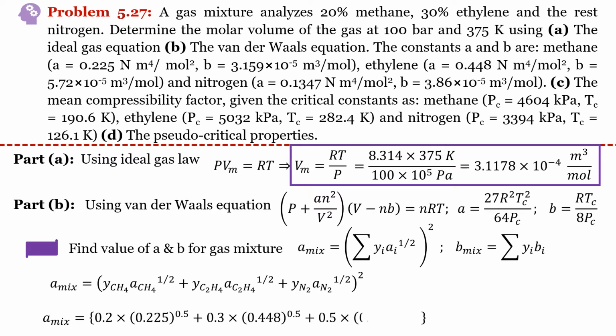After putting in all values, we will get the constant A for the gas mixture. In the same way, we can find the value of B mixture, which we will do in the next slide.